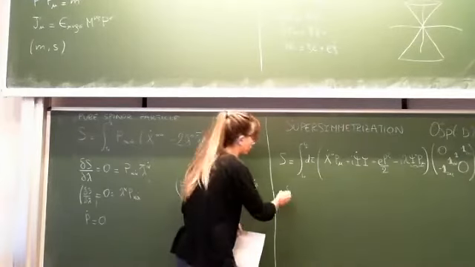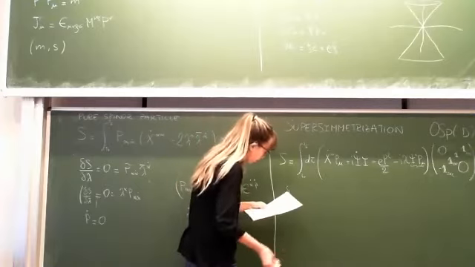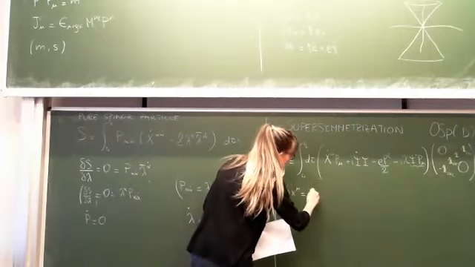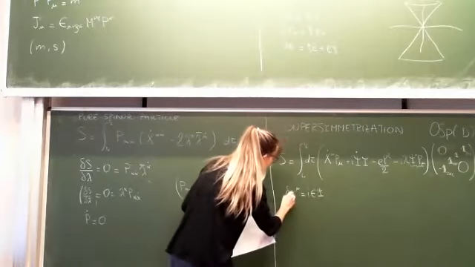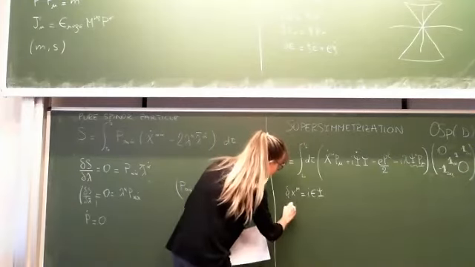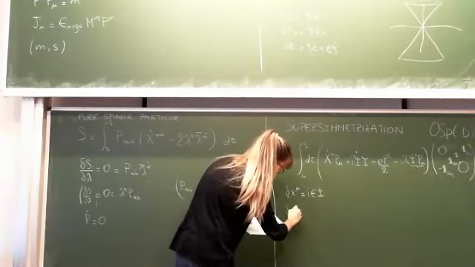The supersymmetries infinitesimally have this form, which I'm going to copy. Epsilon now is another Grassmannian parameter, so the supersymmetry depends on epsilon. Then psi.